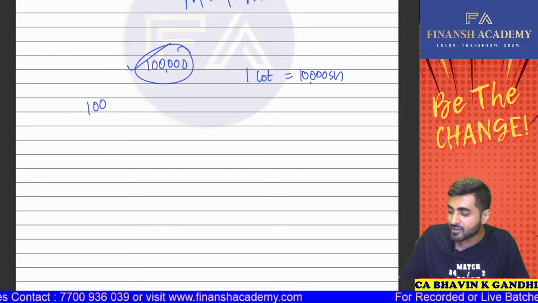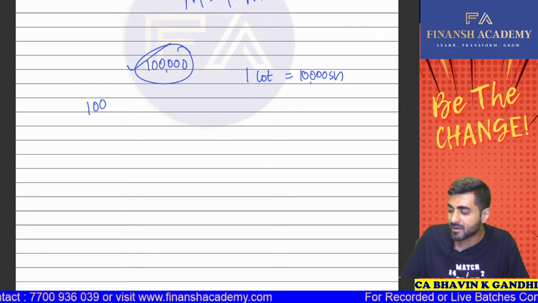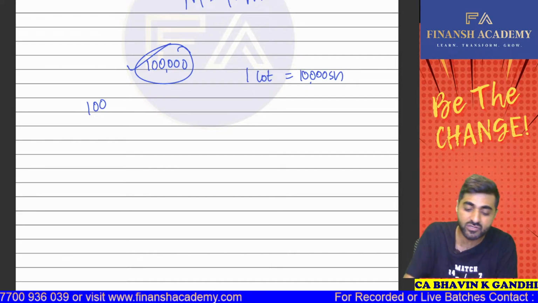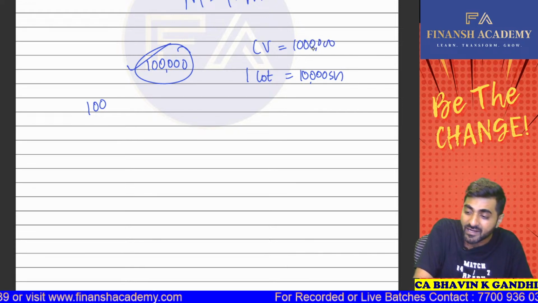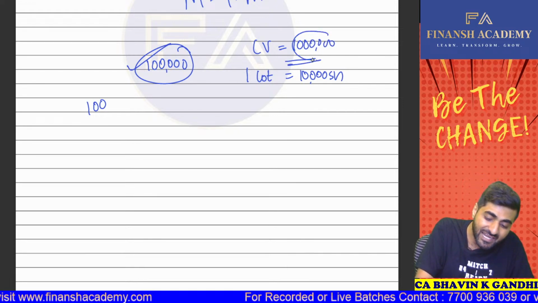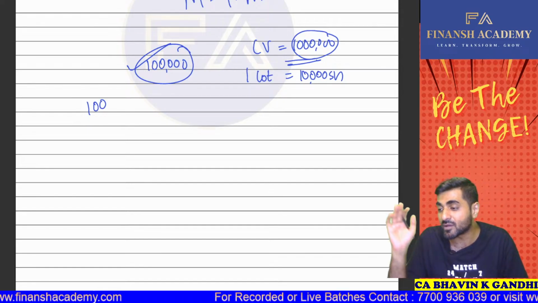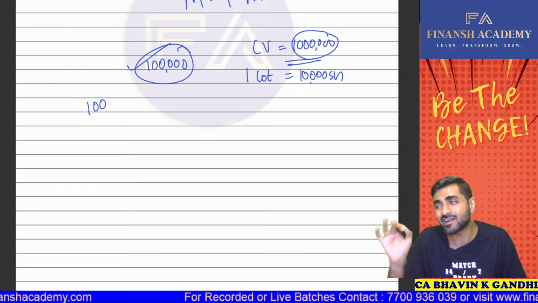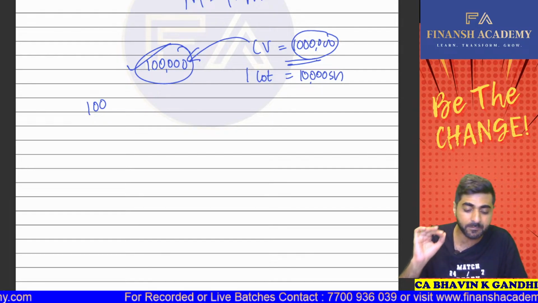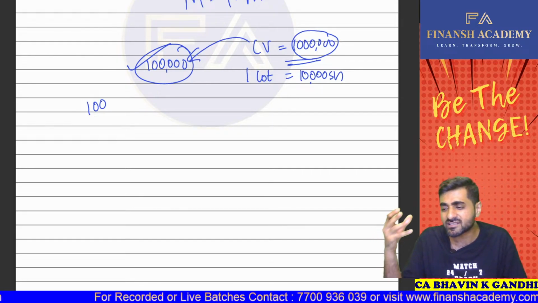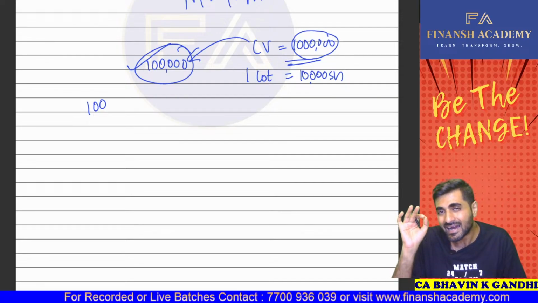So total contract value is what? 10,000 multiplied by 100, so it is 10 lakh rupees. But my dear students, this 10 lakh rupees is not supposed to be deposited with the broker. If you want to enter into a future contract, we just have to deposit the margin. The margin is 1 lakh rupees.